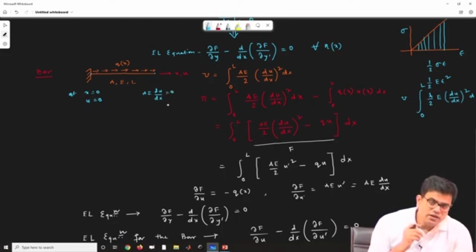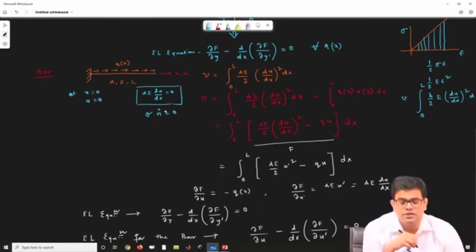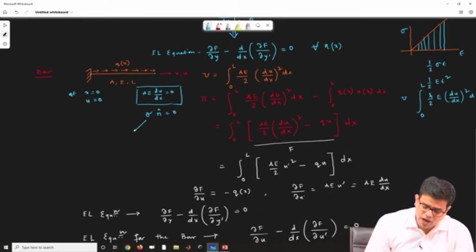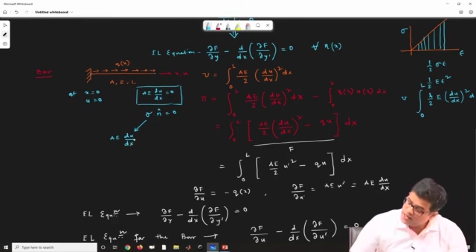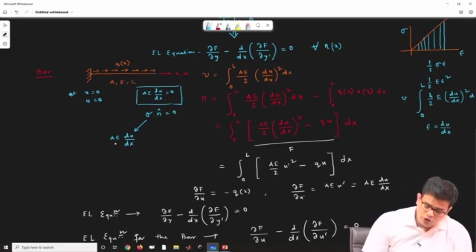What is the meaning of this? The meaning comes from the theory of elasticity, that is sigma dot n is 0, where n is the outward unit normal. Now A E du dx is my sigma, since du dx is epsilon, and this follows Hooke's law.